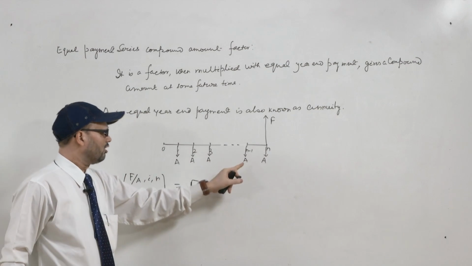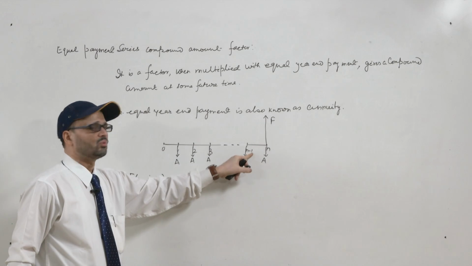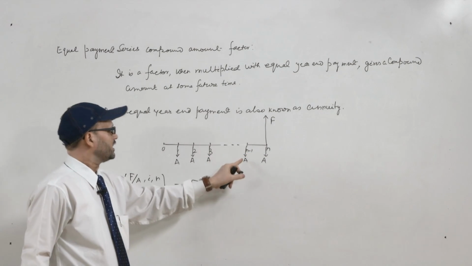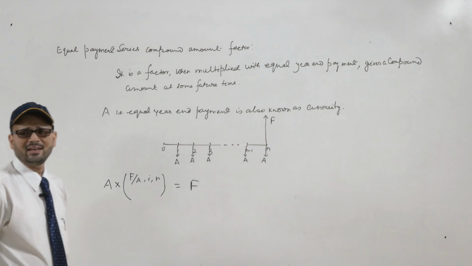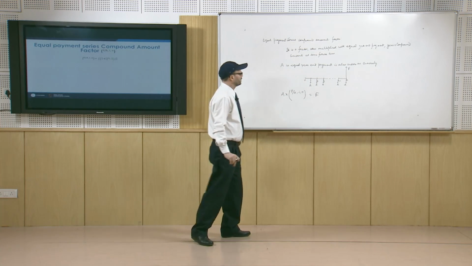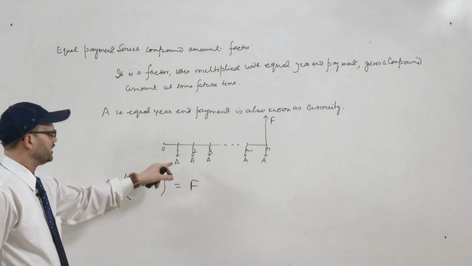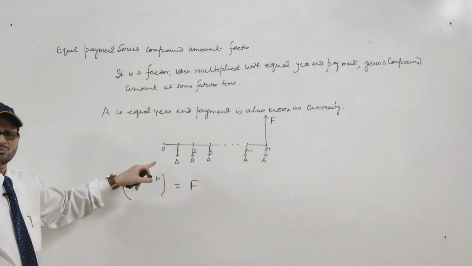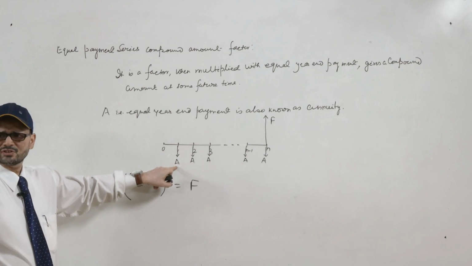The contribution of A, which is made at the end of n minus 1th year, this is nothing but A into 1 plus i, where i is the interest rate. Similarly, the contribution will go on changing. The maximum contribution will be the equal year end payment made at the end of first year.